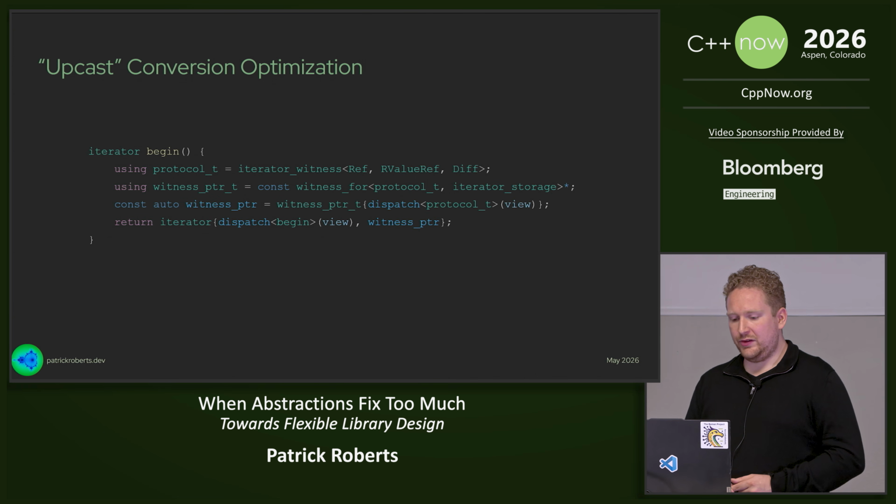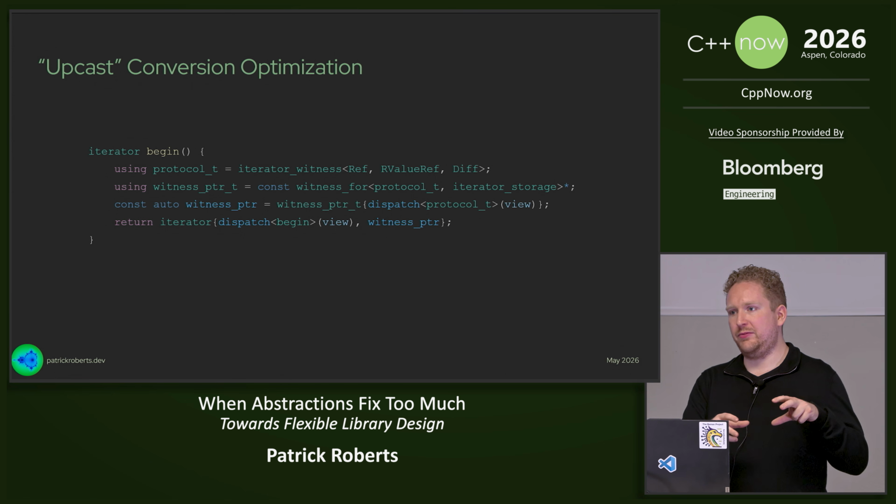Another place where this comes up is the iterator's witness table. So in any view, you actually have 2 existential types. One existential type for the view type and its capabilities, and another existential type for the iterator that you construct from the view type.